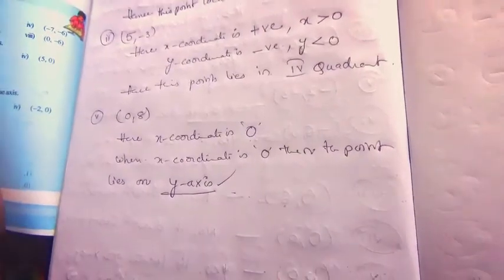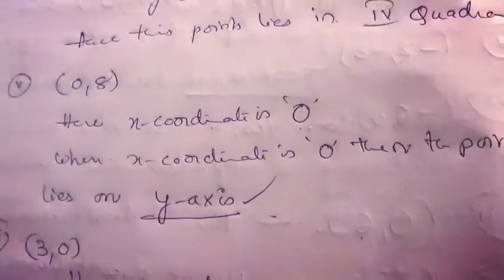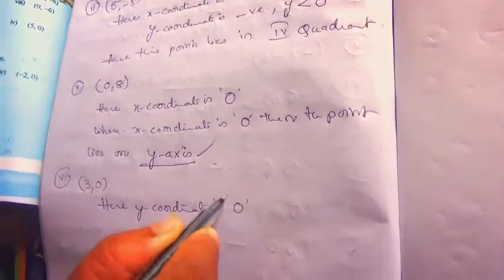In the next sum, that is 3, 0. Here the y coordinate is 0.